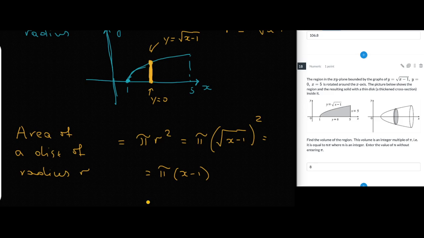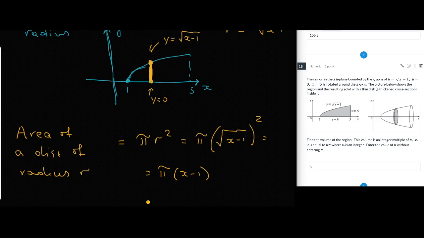So for instance, if we use x equals 1 and plug it in here, we're going to get that the area of the cross-section equals 0. That's because x equals 1 corresponds to the leftmost point of our solid, and there is only one point in that cross-section, so the area is 0.